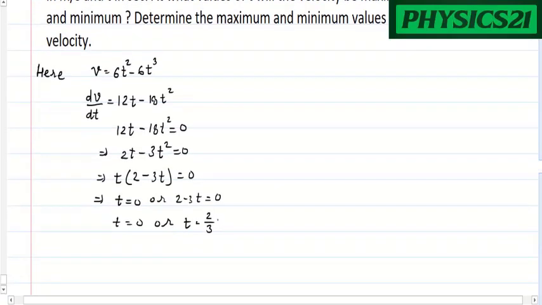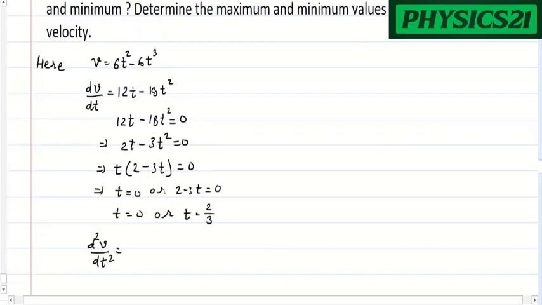Now, out of these two values of t, for which value the function has the maximum value, we can obtain by calculating the second order derivative of velocity, differentiating this again with respect to t, that is 12 minus 36t.